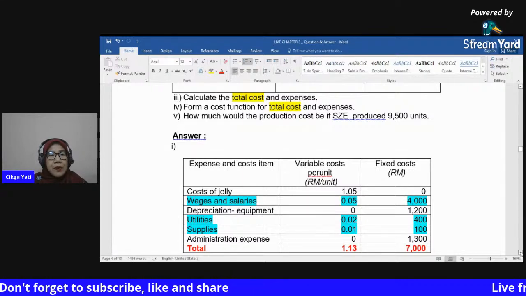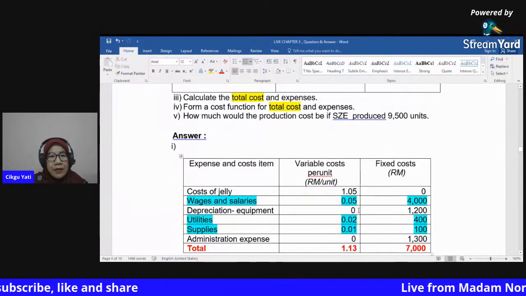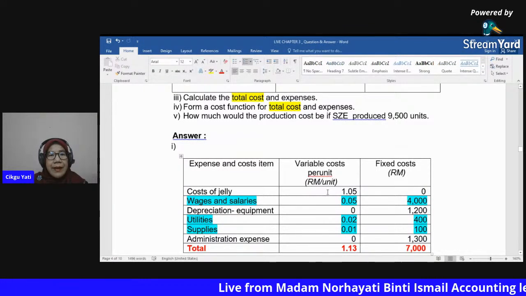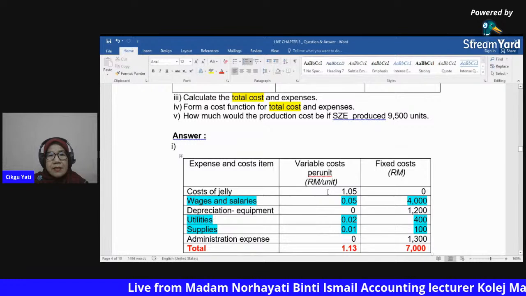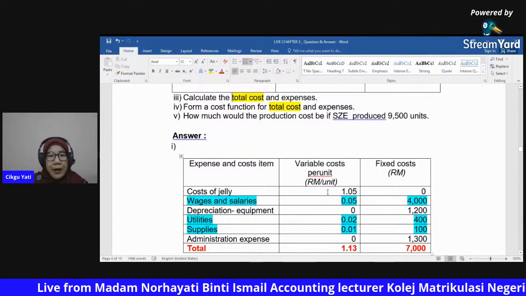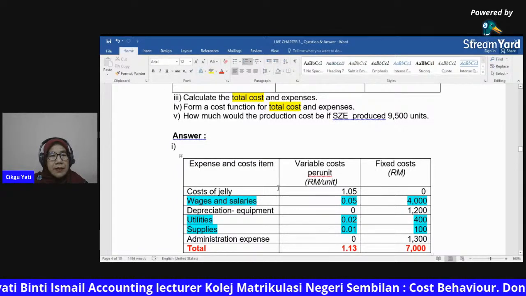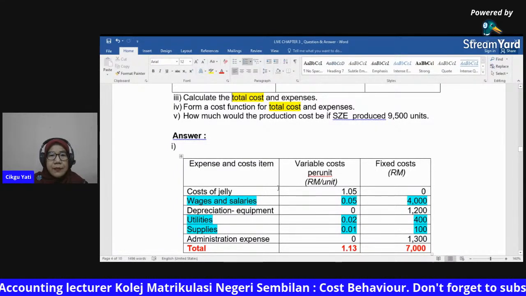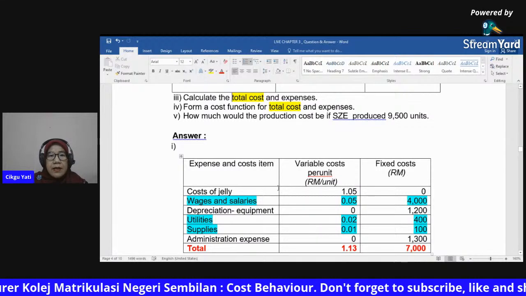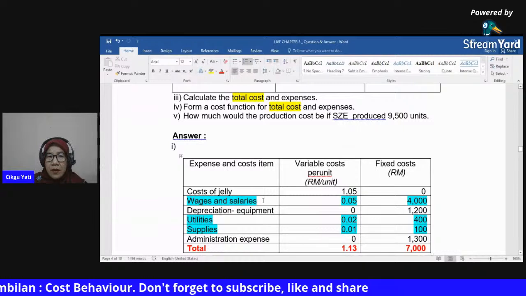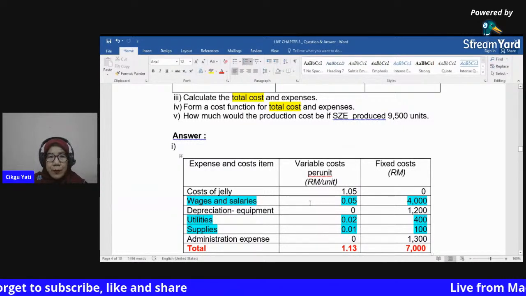So you have to calculate cost of jelly. That one is direct material. You just calculate and find the variable cost per unit. The answer is 1.05, but no fixed cost. So cost of jelly is classified as variable cost. The blue color represents mixed cost. You have to show them using the high-low method.